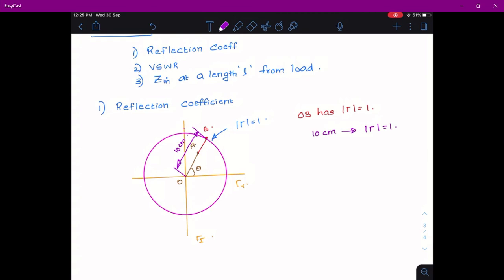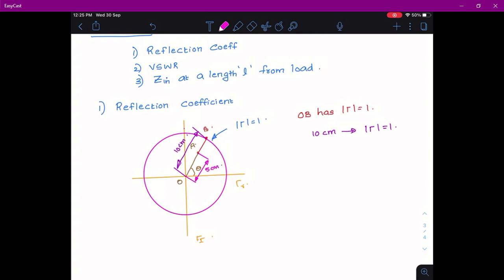Then if you measure the distance OA, and let's say you can measure it using a scale, let's say this is 5 centimeter.